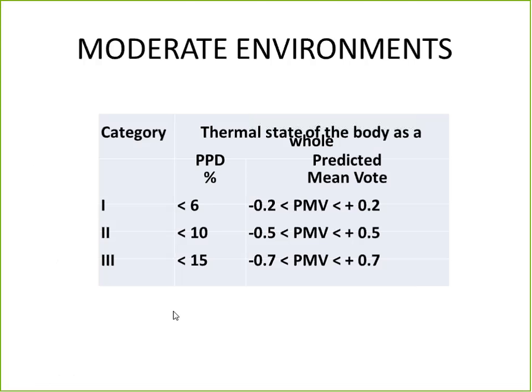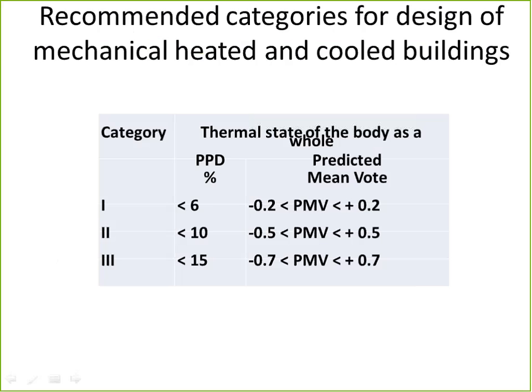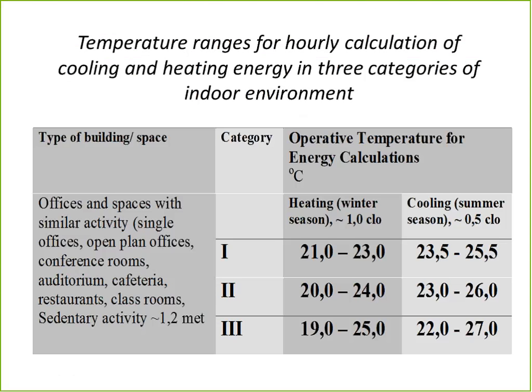So to get the different categories, we have here specified them in relation to the PMV index, where we normally recommend that you should use category 2. But you could use other categories also. This can also be expressed as a range of operative temperatures.